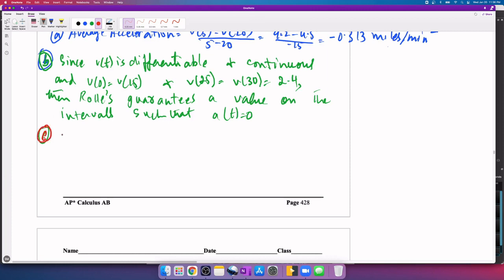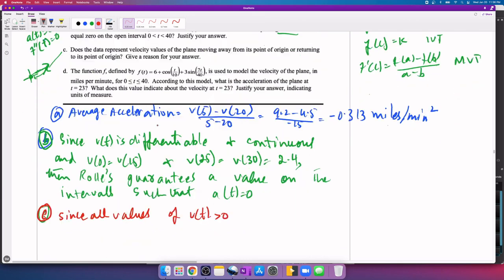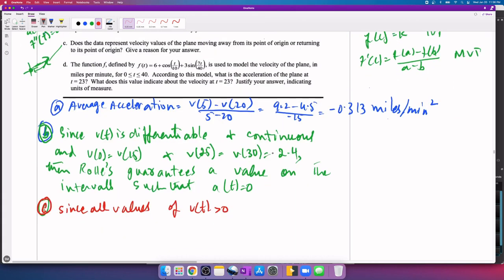That's part C. Let's do part C in red. Part C said, since all values of v of t are greater than 0, because all of them are positive, like 7 positive, 9.2, 9.5, they're all positive y values, so it means greater than 0, the distance the plane is from its point of origin is increasing.